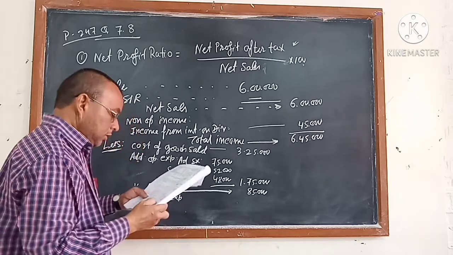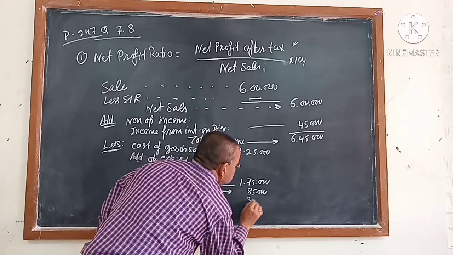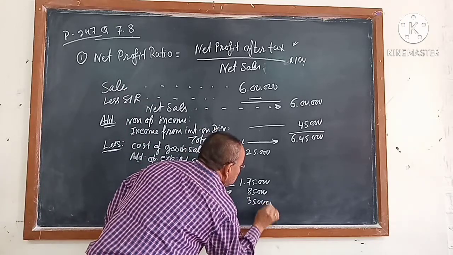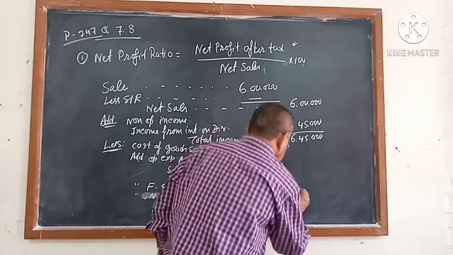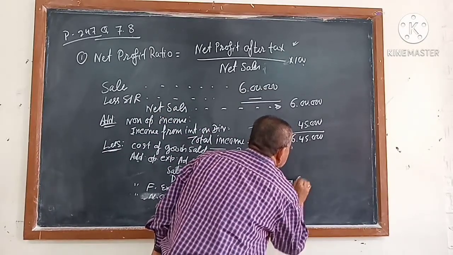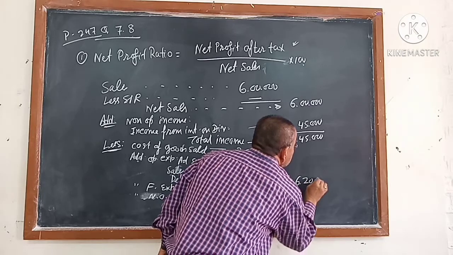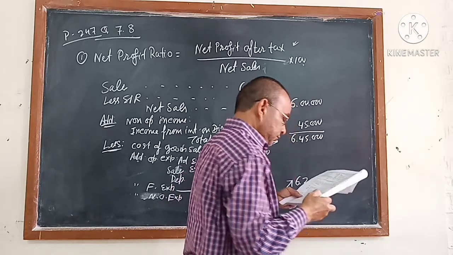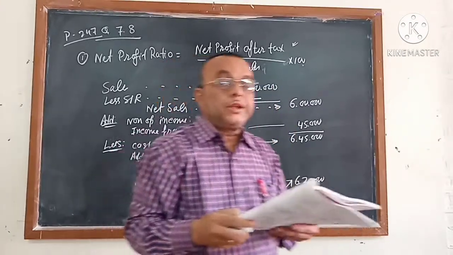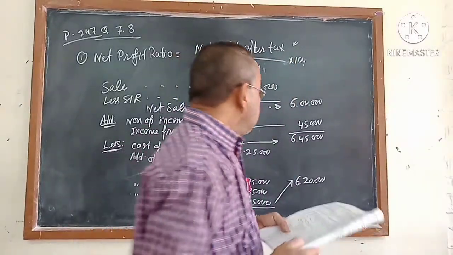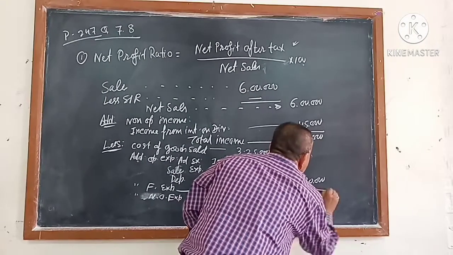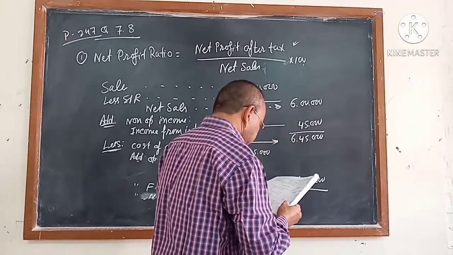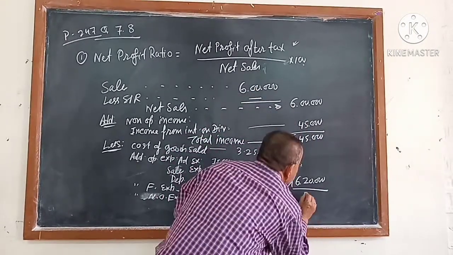Also it is given 35,000. If you add this all, you will get 6,20,000. Then I am writing here 6,20,000. So 6,20,000 is your total expense, whereas 6,45,000 is your total income. So if you do that, you will get your net profit. That is coming 25,000.